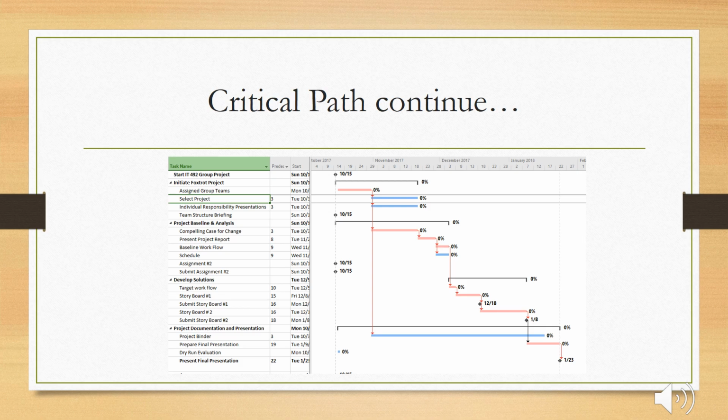This is a visual representation of a schedule, and on the right side, it's a visual representation of the schedule. Everything in red is your critical path set of tasks. Anything within the critical path usually has predecessors, and anything that gets affected within red will affect the completion date of the project.